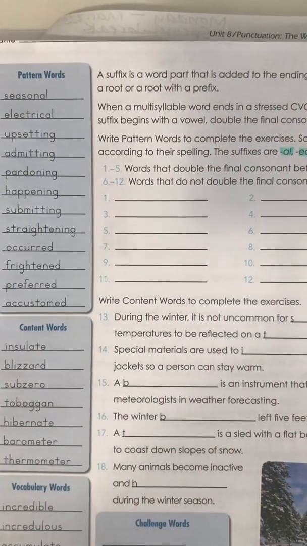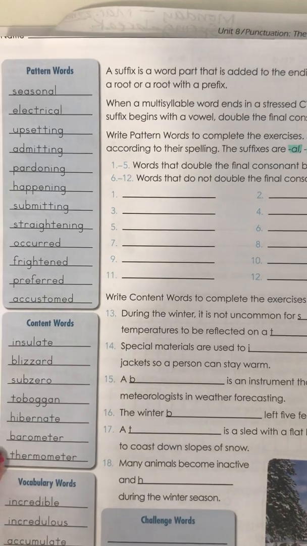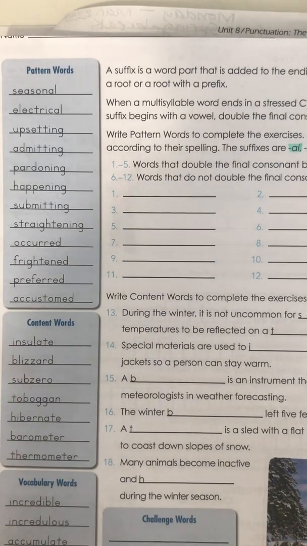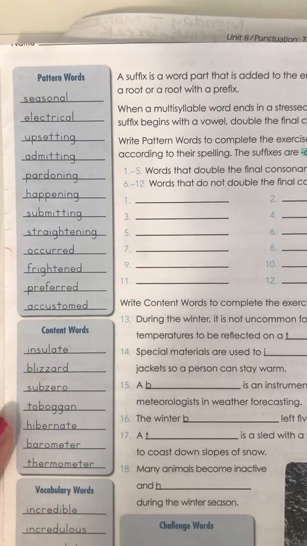And for this pattern word exercise in particular, what I would do first is just go ahead and circle all of the suffixes. That way you can see if there's an extra letter separating them. For example, I'm going to go ahead and circle all of the suffixes in my pattern words.